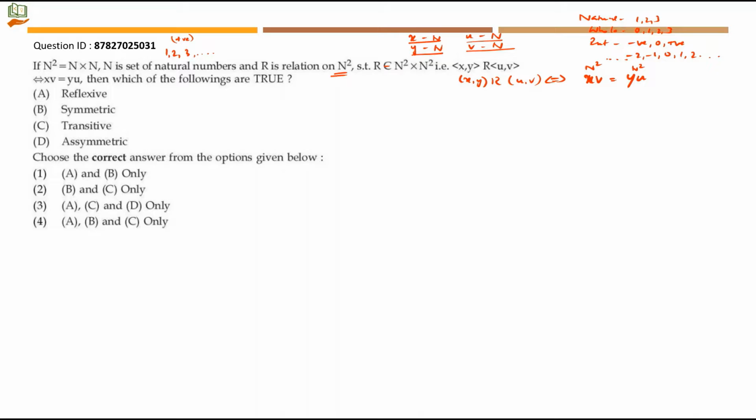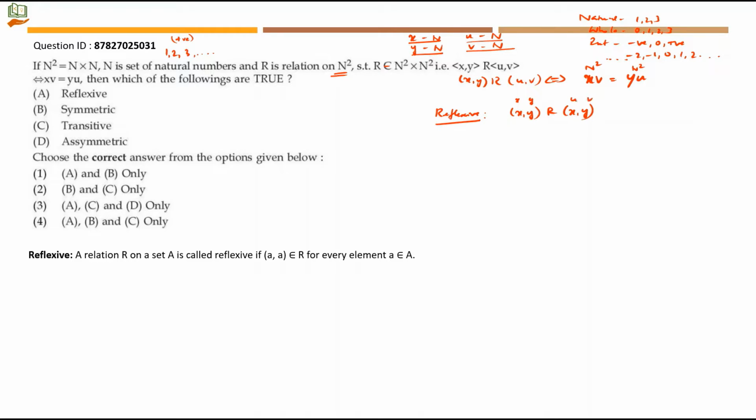They are asking us to check for reflexive, symmetric, transitive and asymmetric. Let's see what is reflexive. A relation is said to be reflexive if for every element a that belongs to a set A, we have a comma a that belongs to the particular relation. Let's check for reflexive. Now this is X, this is Y, this is U and this is V. So XV is equal to YU.